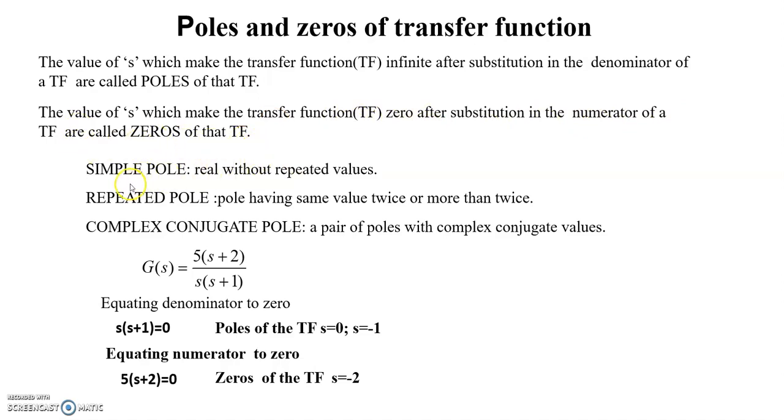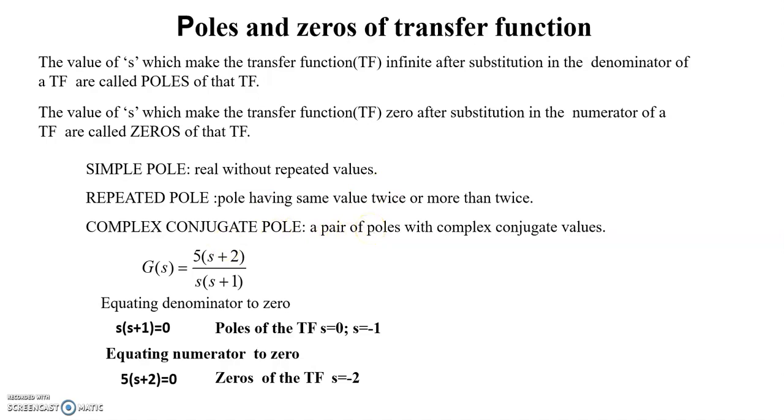A simple pole means real, without repeated values, whereas repeated poles are poles having the same value twice or more than twice. Next, complex conjugate poles are a pair of poles which are complex conjugate values.